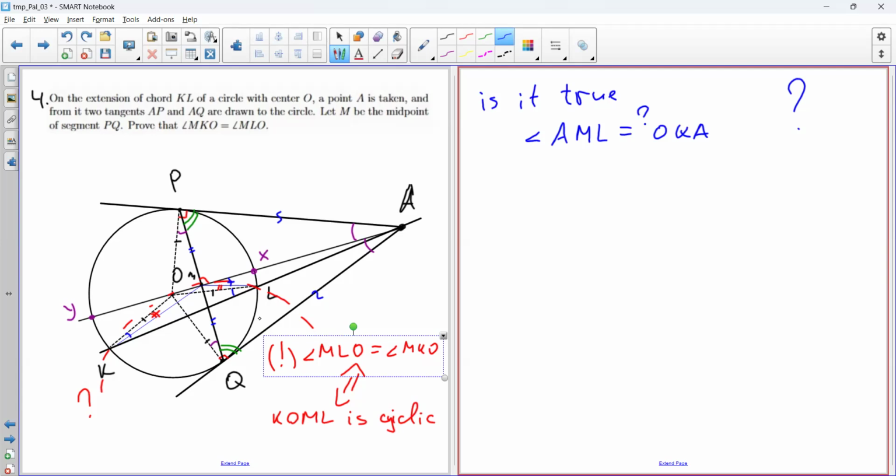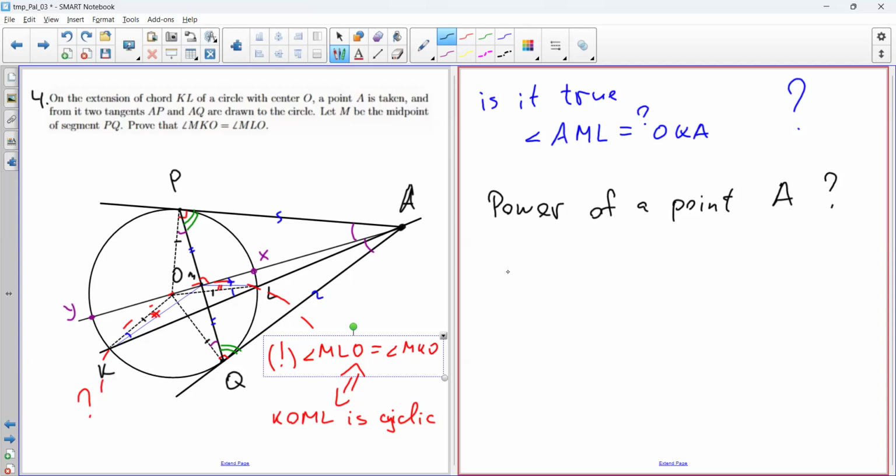So normally there would be more methods to prove a geometrical statement. If we think of this more general statement, is it possible to prove that this is cyclic? Then we may notice that there would be a different approach. So we may consider power of a point A here.